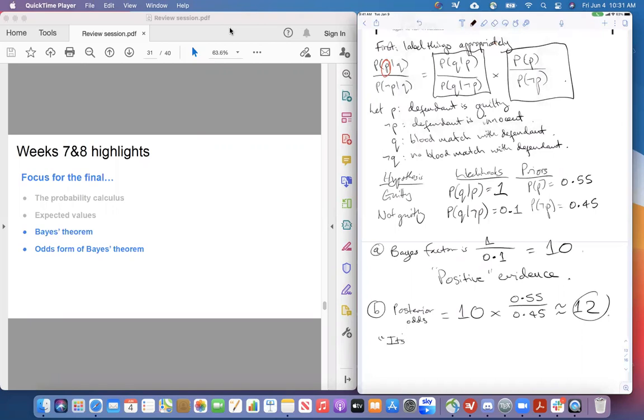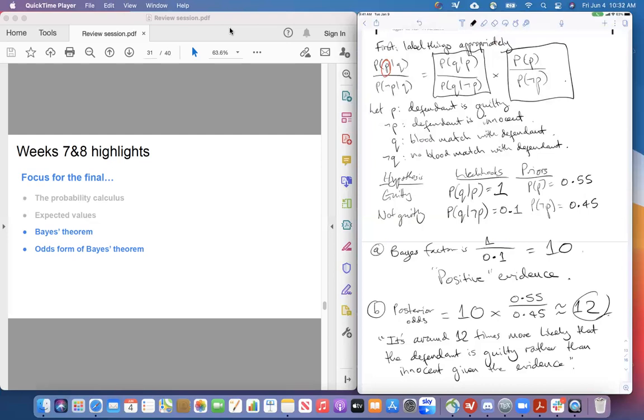So you would say it's around 12 times more likely that the defendant is guilty, rather than innocent, given the evidence. That's how you interpret this number. That gets you the points for the interpret part of this question.